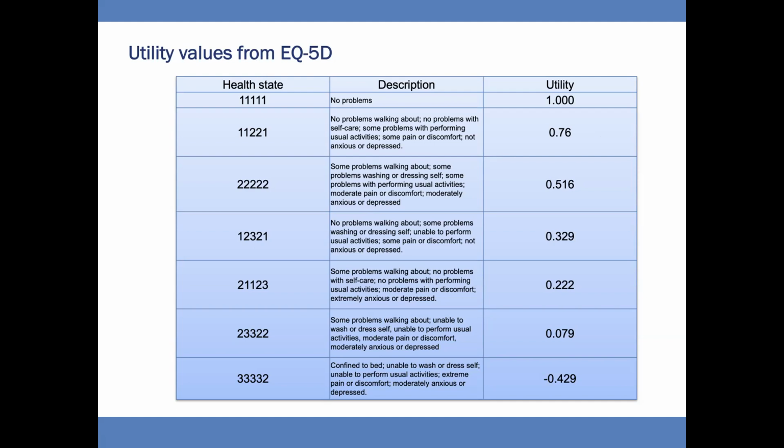Which means that he lived for 1 year, but the quality of life is only 0.76 years. Okay, so the quality is 0.76. If the patient's answer is 2, 3, 3, 2, 2, then the utility, the quality of life, is only 0.079. So this is the way that we estimate the quality of life.